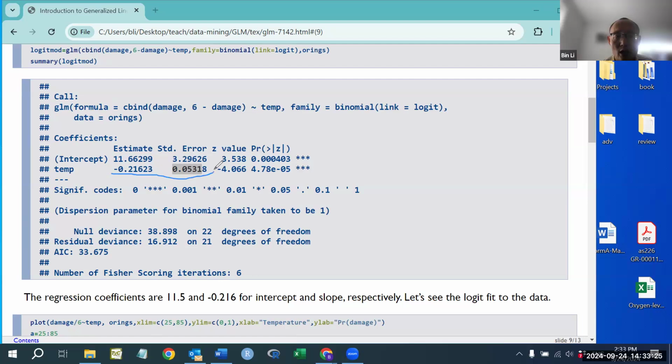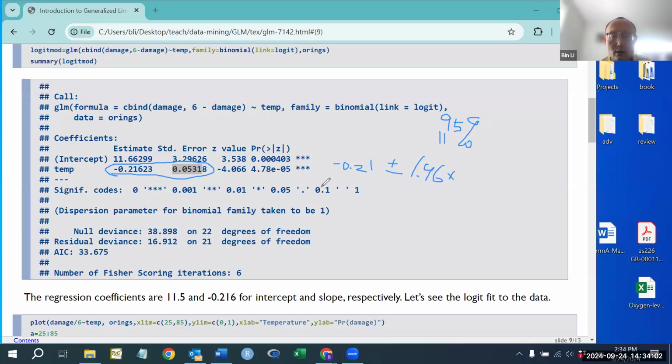Using the Wald test approach, we can calculate a 95% confidence interval on the temperature slope. It's just negative 0.21, that's our point estimate, plus minus, because this follows a standard normal, 1.96. That's the critical value we should use, which corresponds to 95%. If it's 90%, then it's 1.28.